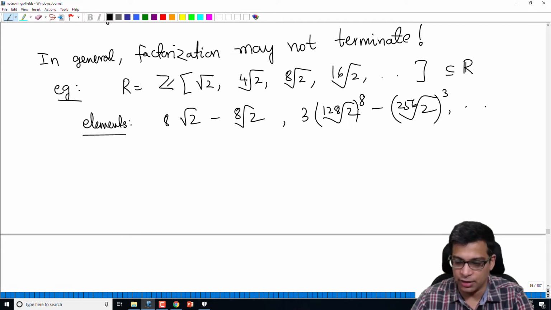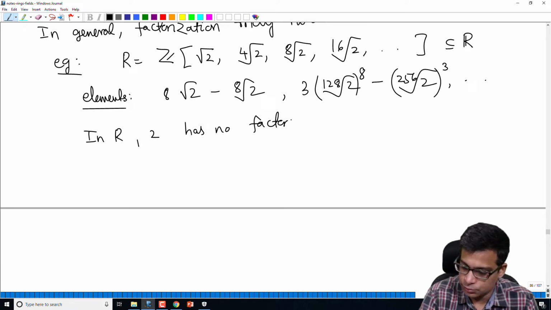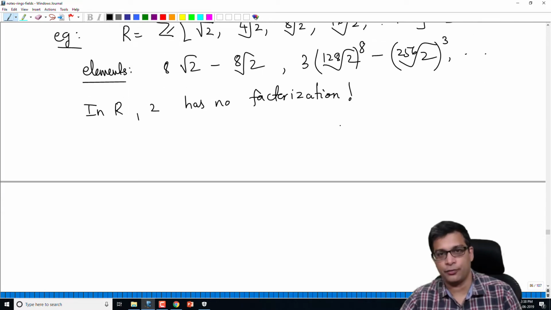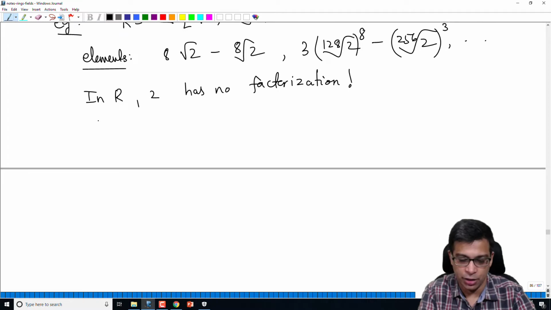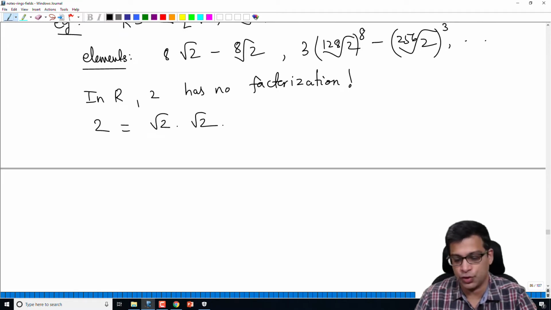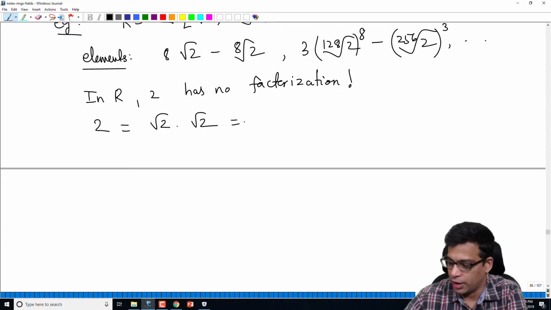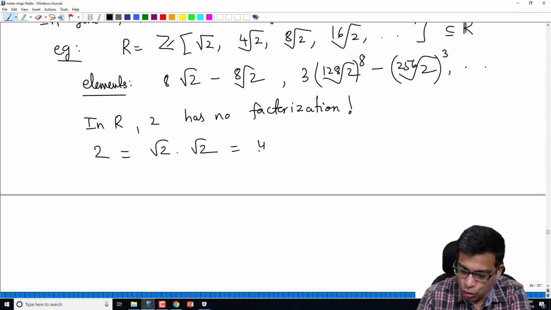I claim that in this ring R, 2 has no factorization. Let's follow the algorithm that I described earlier. 2 is not irreducible because it is a product of square root of 2 and square root of 2, and neither of them is a unit. But square root of 2 is also not irreducible because it is 4th root of 2 times 4th root of 2.